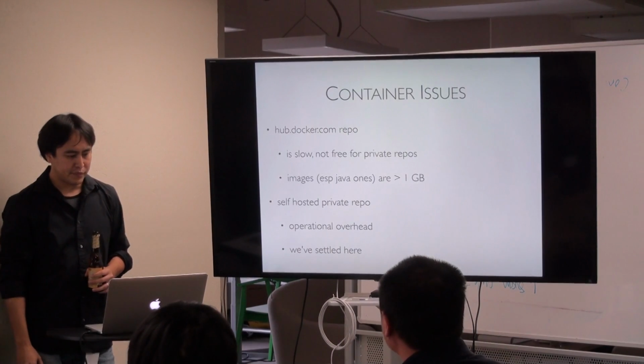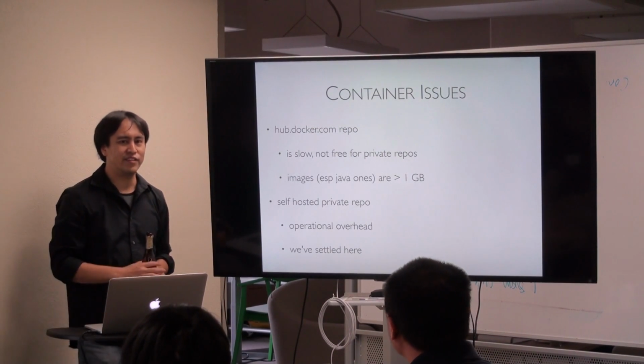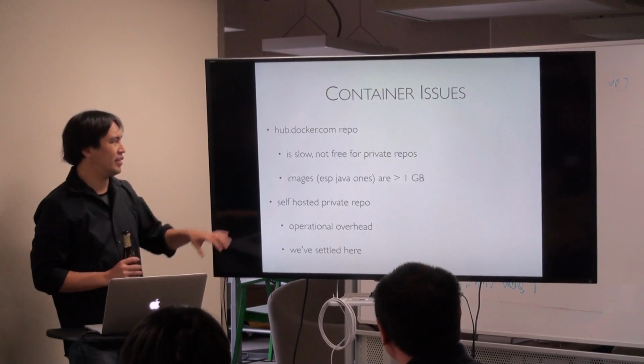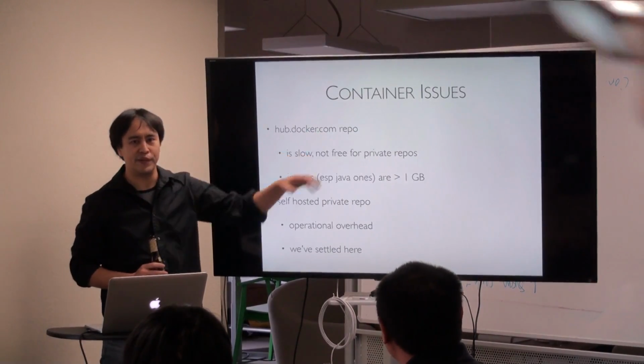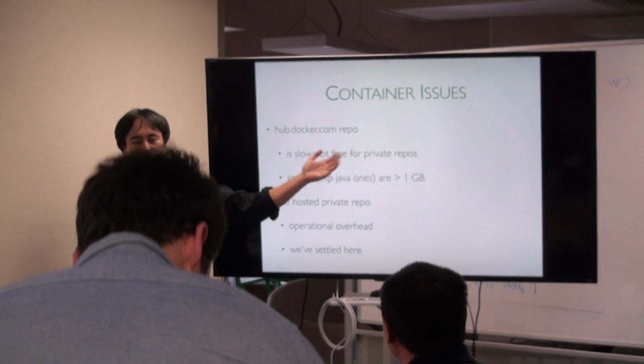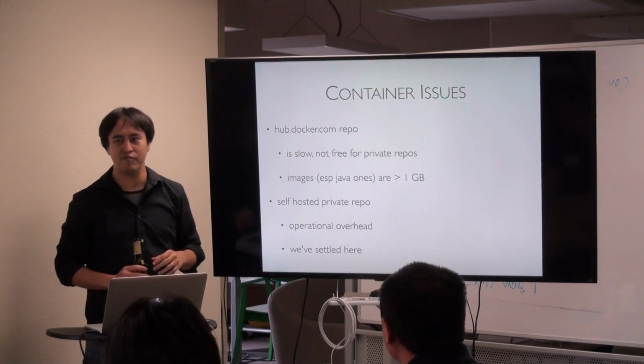Where you store your containers is one of those choices you have to make. There's hub.docker.com, which is the classical place. It's slow, and it's free for public things but paid for private things.